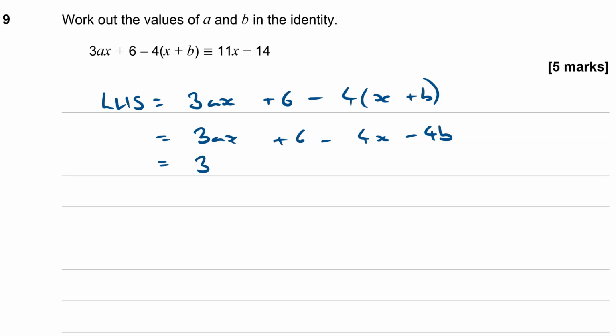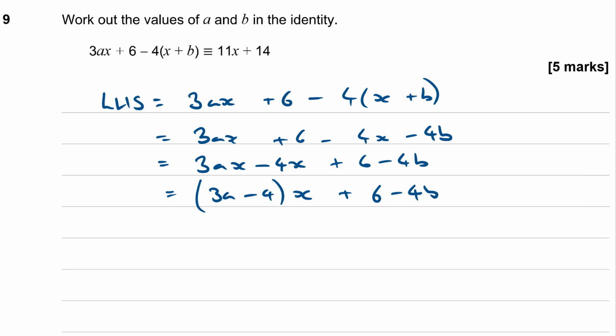So I'm going to get 3ax minus 4x plus 6 minus 4b. And then factorising out the x, I'm going to get 3a minus 4 lots of x plus 6 minus 4b. Okay, now that is identical to 11x plus 14.